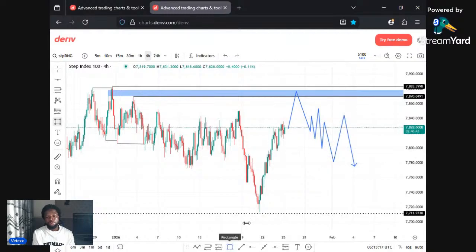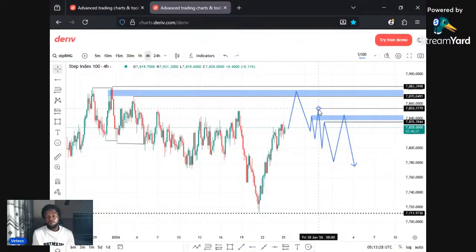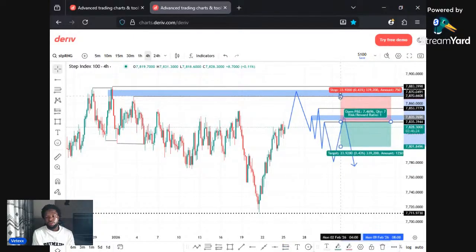You might get up to 4, 3 or 5 continuation setups before price takes out the target on the 4 hour time frame. This is what is definitely going to happen if price respects this point of interest.